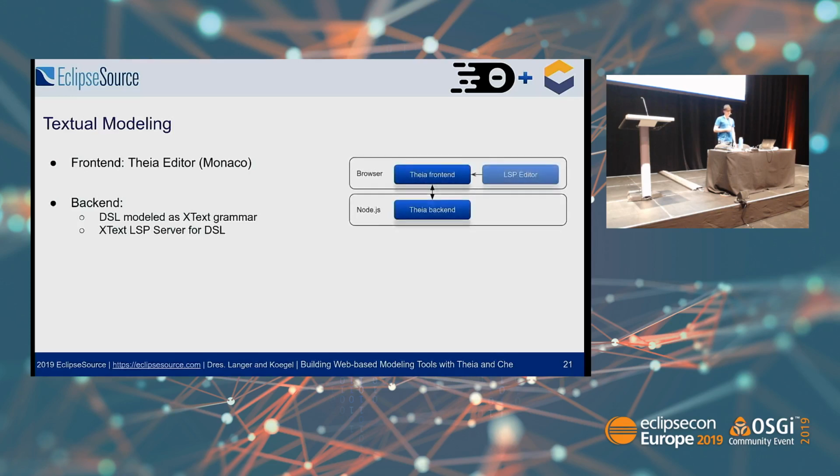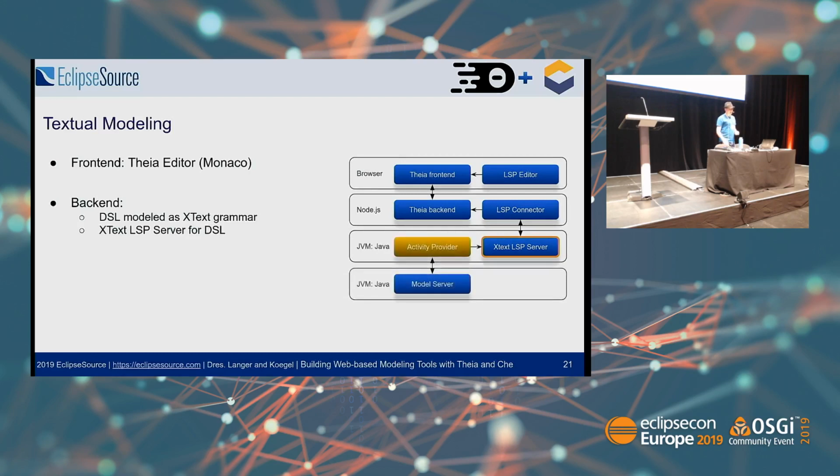So you have the LSP editor in the front end as a contribution again, the connector, but this time an Xtext-based LSP server. The only thing we actually had to manually implement is a so-called provider for the auto-completions for Xtext, and it provides the activities. So it needs to go to the ModelServer, read in all the available activities, and provide it to Xtext.